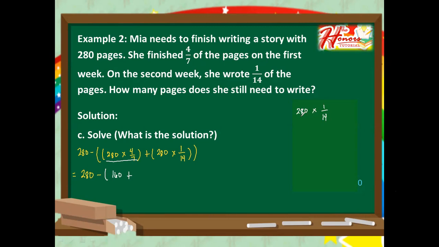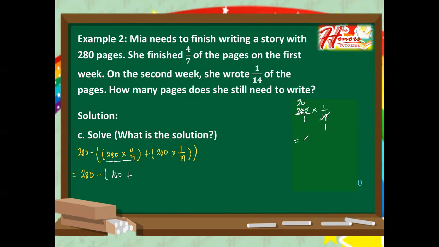You have to change 280 into a fraction, so over 1. And then kindly check if there's still a number that can divide 280 and 14 at the same time without remainder. In this case, we can use 14. 14 divided by 14 is 1. 280 divided by 14 is 20.